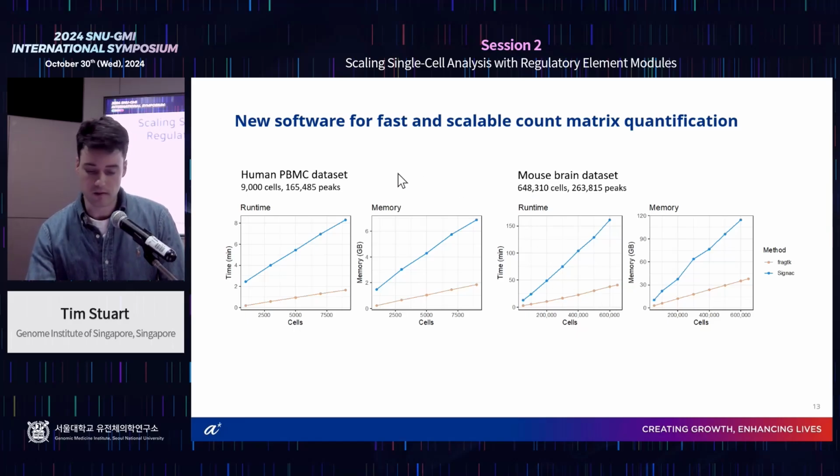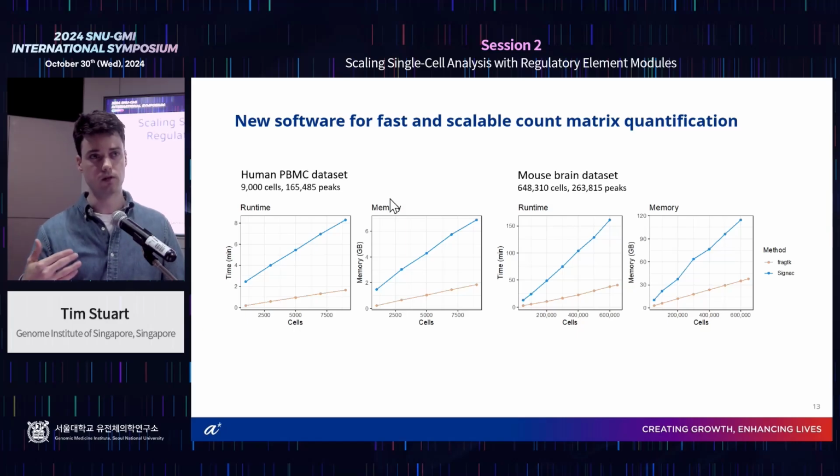And of course, we can also look at how this scales with different number of cells. So if you just wanted to use this software as a replacement for building your count matrix for your single-cell ATAC-seq analysis, here we looked at two different data sets, one for 9,000 cells and one for 650,000 cells. And if you look at, as you downsample the cells, how does the runtime change?